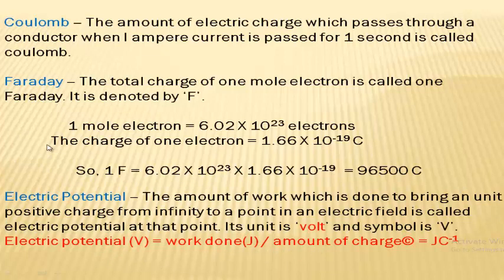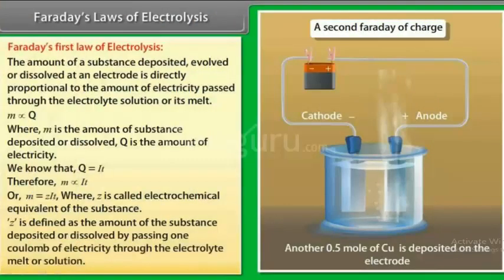Now I will discuss Faraday's law. Before that, follow this picture. This is the picture of electrolysis process. Already you have gathered some knowledge about electrolysis in previous classes. So what actually happens in electrolysis process? To do electrolysis, an electrolytic cell is used.